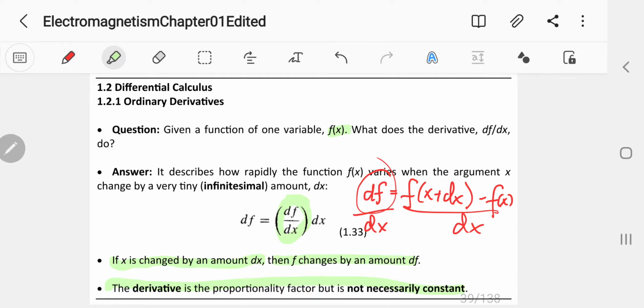Sometimes a function is dependent on time, sometimes it's dependent on the position x, for example, or it's dependent on xyz, or it's dependent on xyz and time. So it could be a multi-variable function.